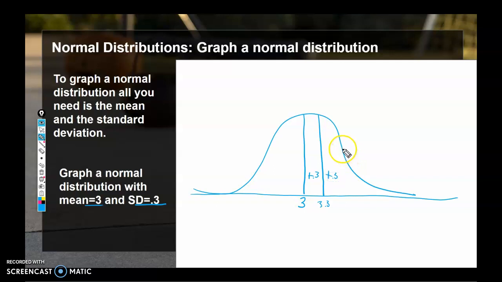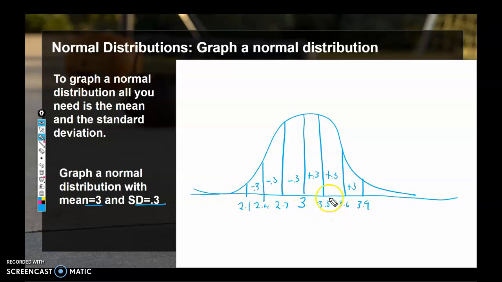Another standard deviation to the right would put me at 3.6. Another would put me at 3.9. So there's my 3 standard deviations to the right. To the left, I'd have 2.7, subtracting 0.3, then 2.4, and subtract 0.3 again, 2.1.